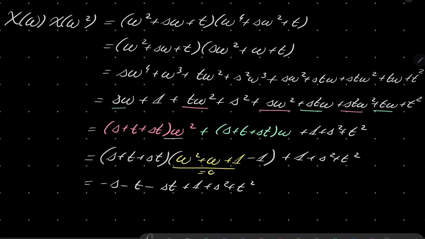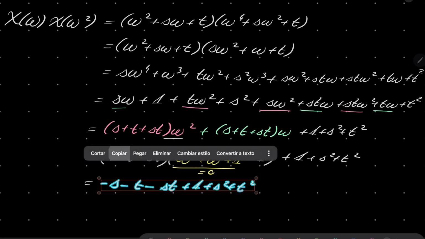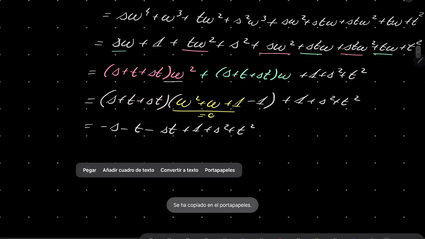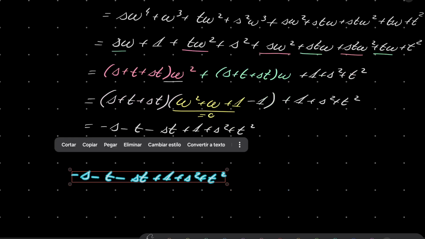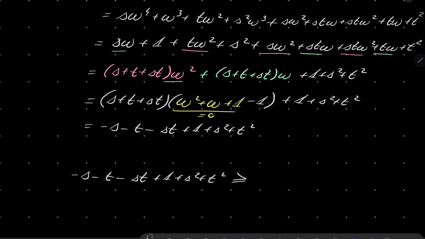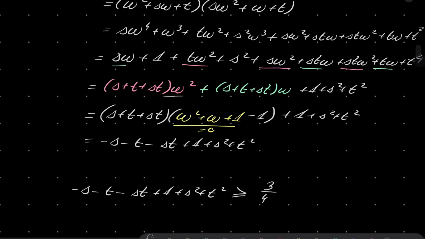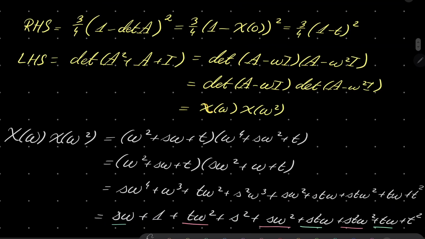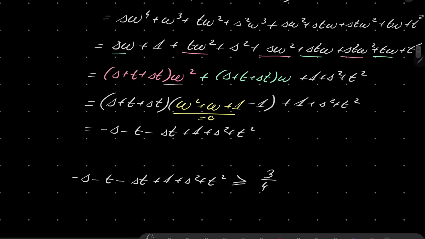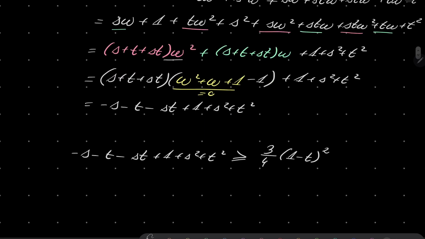Perfect. And remember, what we wish to demonstrate is that this should be greater than or equal to 3 over 4 times what? Times 1 minus t squared. Alright, and now let's proceed by equivalent conditions.